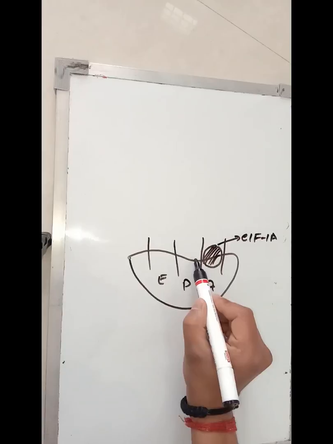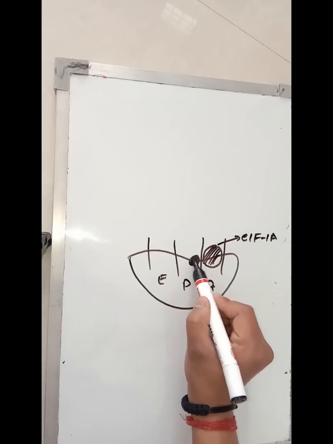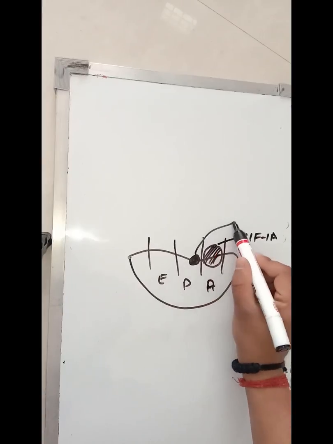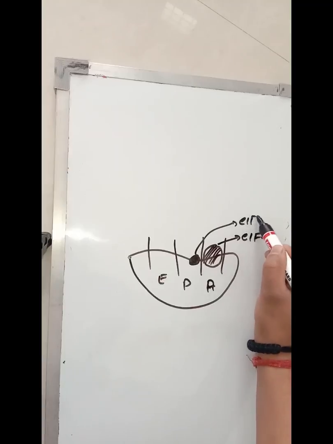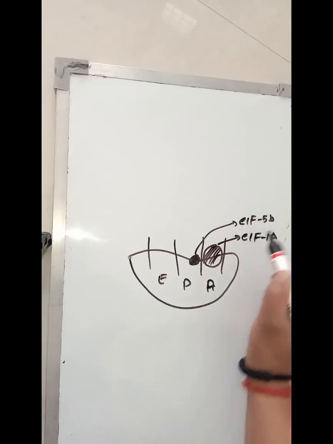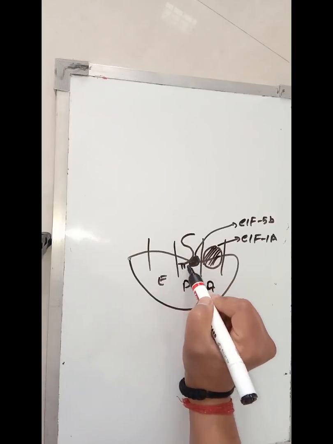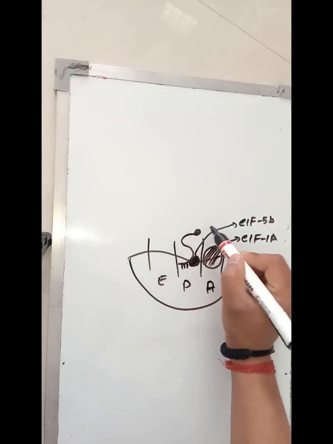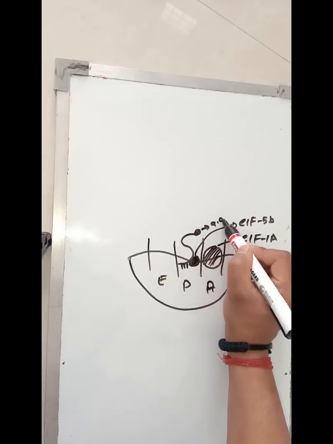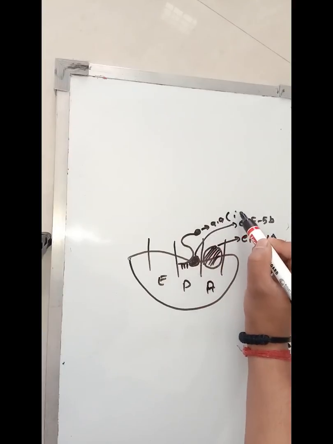EIF1A. Here EIF5B. It helps in the recruitment of charged tRNA, the amino acid, that is methionine.